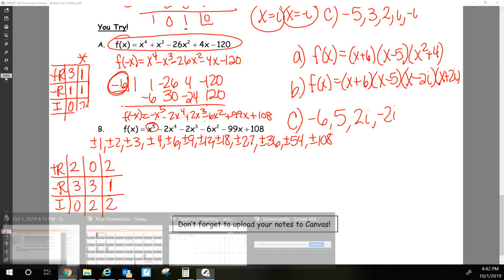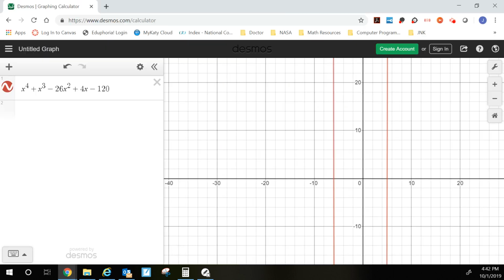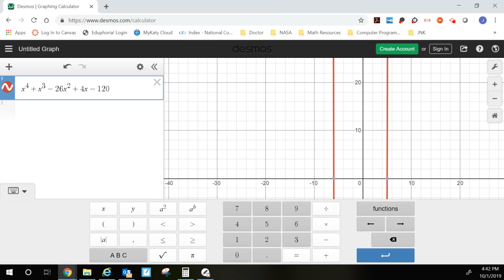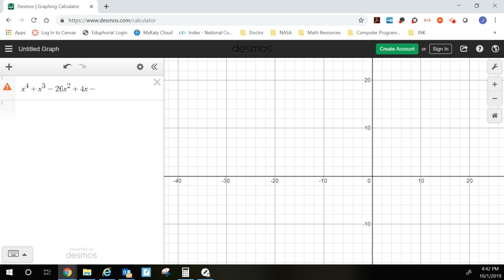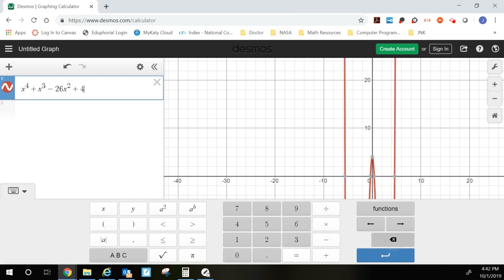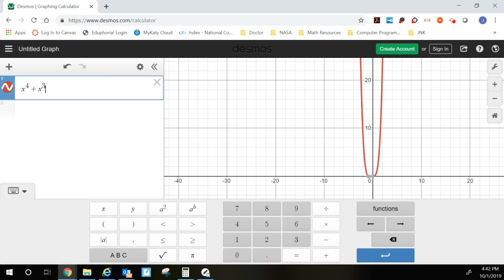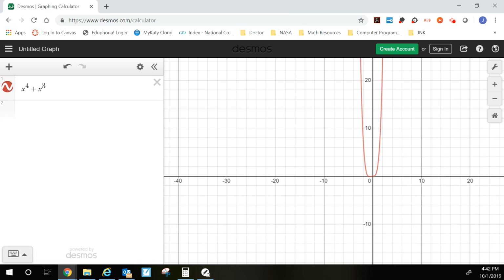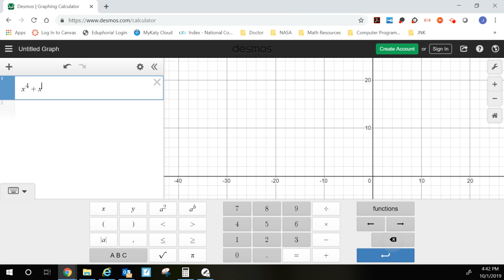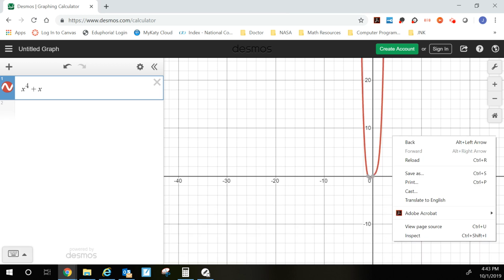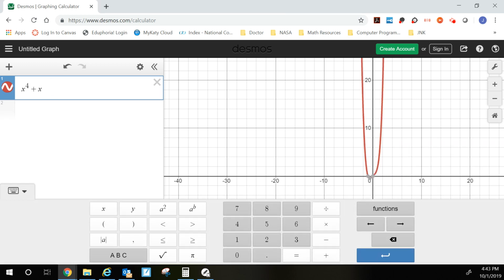Let's take a look at the graph and see what we think. So looking at our graph in Desmos, it does not like me today. I don't know why it doesn't like me. Doesn't want me going fast for some reason.